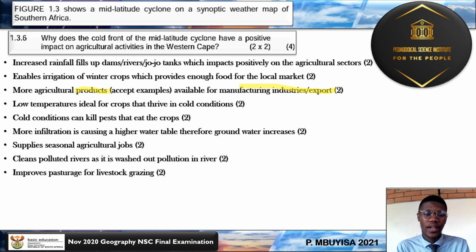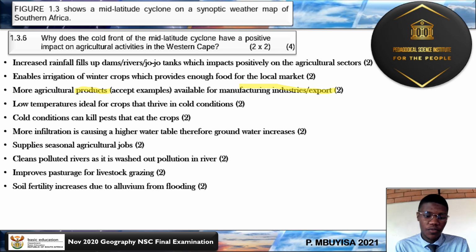And again it's going to improve pasturage for livestock grazing, so we will have this green grass getting water, which is good for livestock. And the soil fertility again increases due to alluvium from flooding.